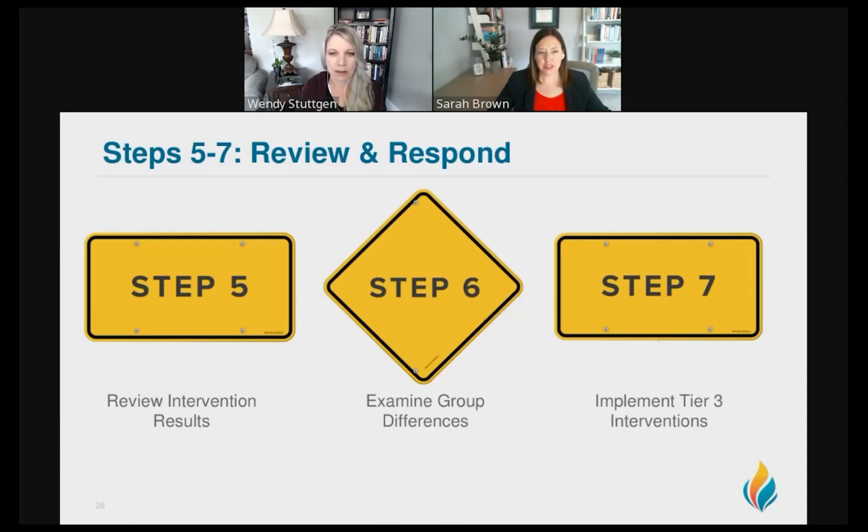Once students have received targeted high quality interventions for enough time for the instructional package to show growth and to have valid progress monitoring data, teams can review and respond to those data. During this time, teams review group and student progress, identify continued needs, and intensify instruction as needed.